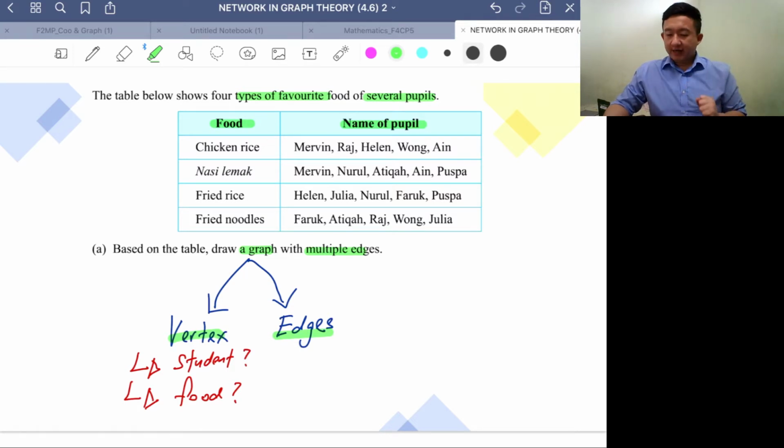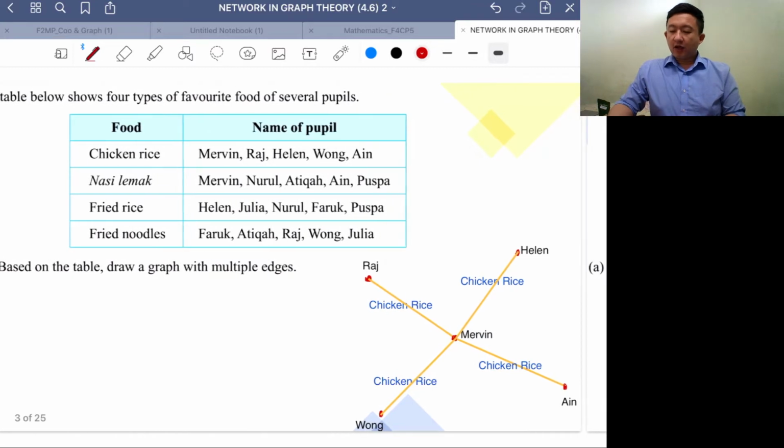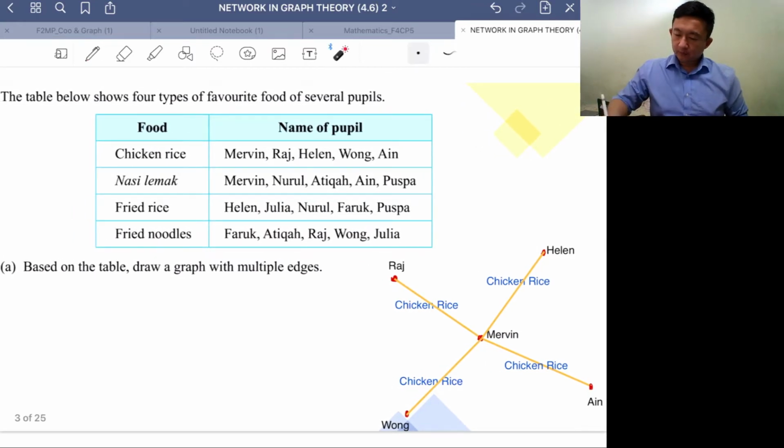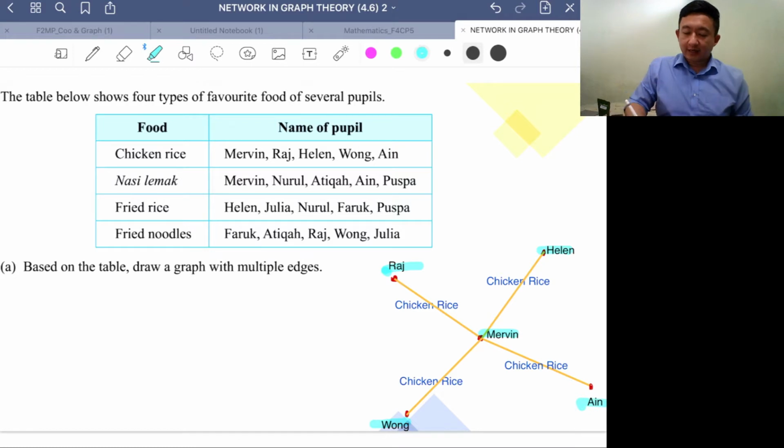I will walk you through to understand what happens if we use student as vertex, and what happens if we use food as vertex. So at first, let's go with student as vertex. If you have a look at the graph over here, all the students here are Raj, Helen, Wong, Melvin, I. All these students are in the group of chicken rice.